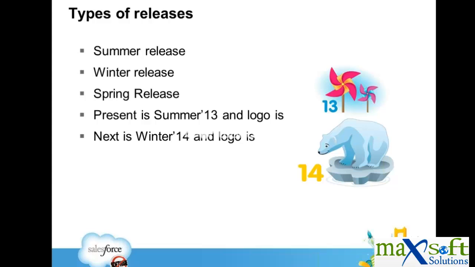But in Salesforce, they upgrade their software every 4 months and do not charge extra cost for the upgrade. Per year, three types of releases are done by Salesforce.com: summer release, winter release, and spring release.